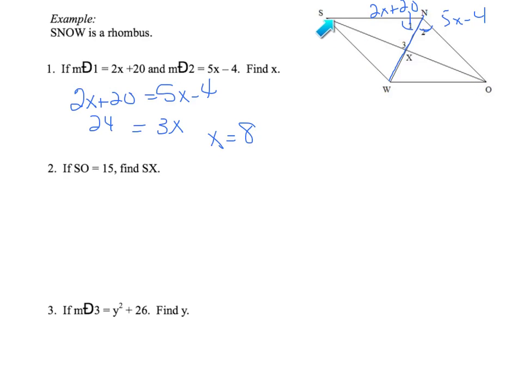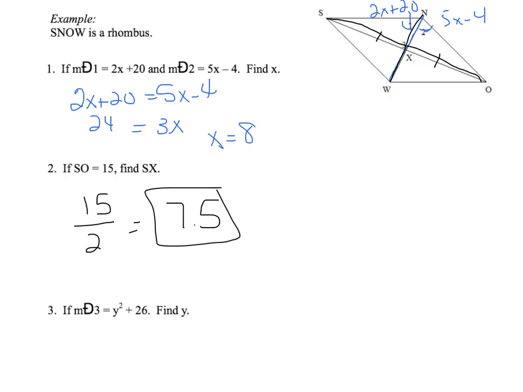How big is SX? You should know that the diagonals bisect each other, making these two pieces congruent. So if the whole thing's 15, all you have to do is cut it in half to find that that length is 7.5. I would like for you to please finish number 3. Pause it and then come back and we'll talk through this.